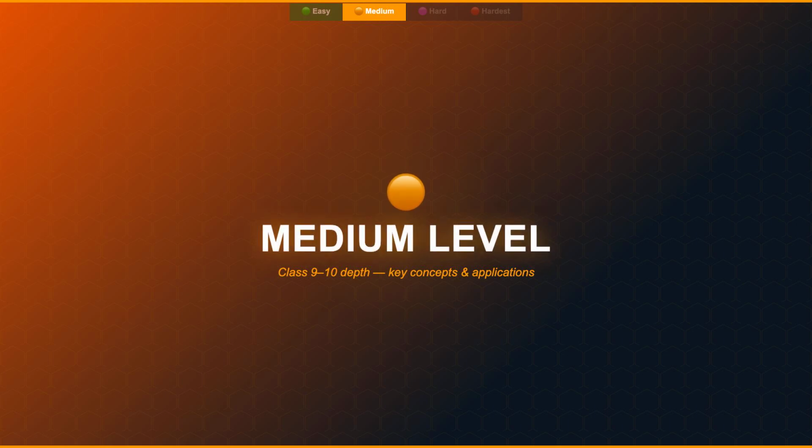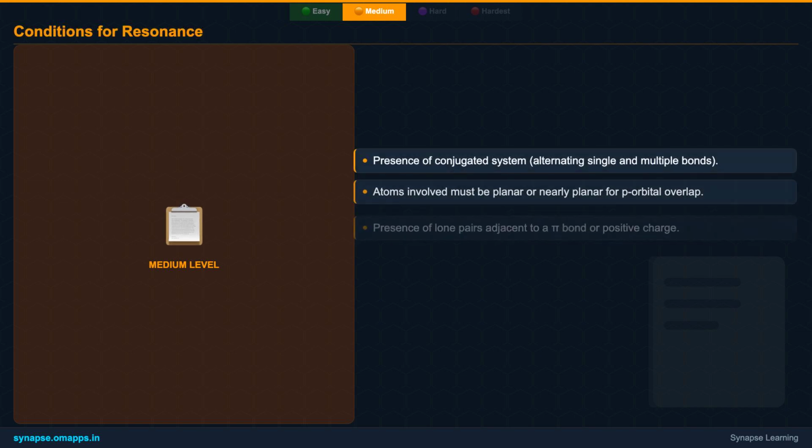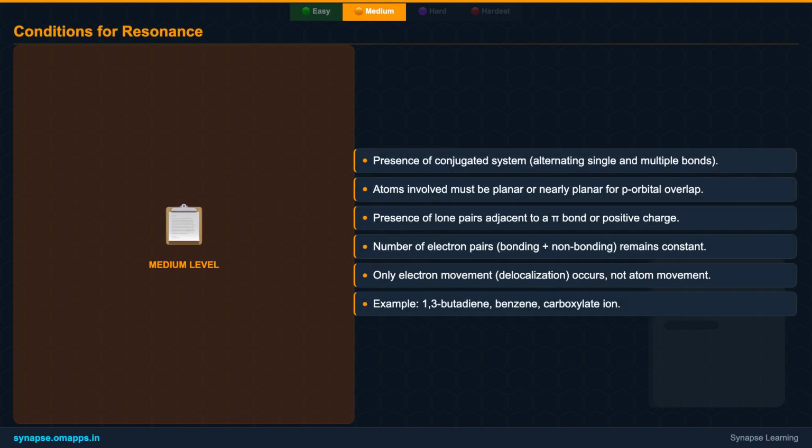Feeling confident? Great! Let's now elevate our understanding of resonance to the medium level, exploring deeper concepts. For a molecule to exhibit resonance, certain conditions must be met. Firstly, it needs a conjugated system, that means alternating single and multiple bonds, or a lone pair of electrons or a positive charge adjacent to a pi bond. Secondly, the atoms involved must be planar or nearly planar.